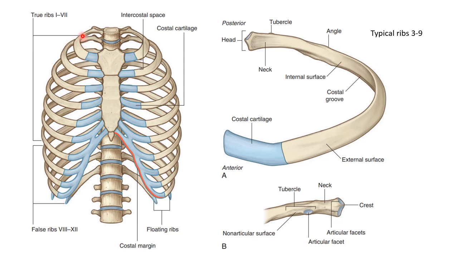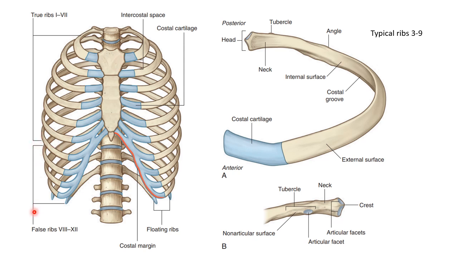Now, to study the ribs, we have two types of classification. The first classification divides the ribs according to their attachment to the sternum. Any rib attached to the sternum individually through its own costal cartilage is called a true rib. So the first 7 ribs are true ribs because they attach individually through costal cartilages to the sternum.